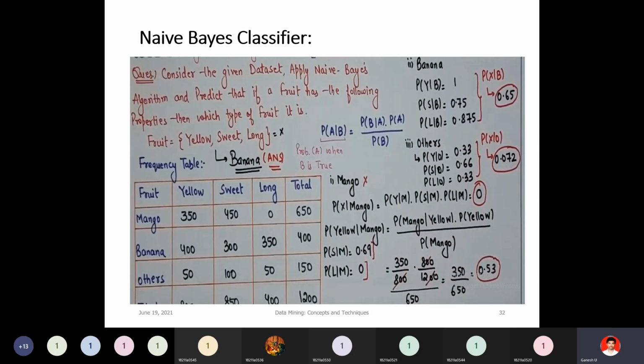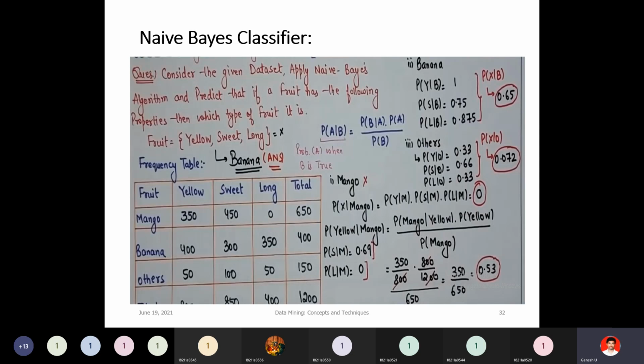P of A by B, the probability of A given B, equals probability of B given A into probability of A by probability of B. This is the Bayes theorem formula. So to find each and every probability, you can use this formula. The probability of A when B is true, that is P of A by B.